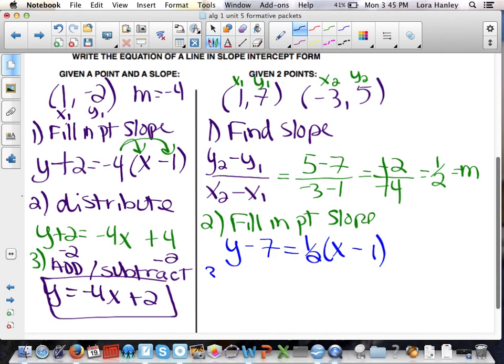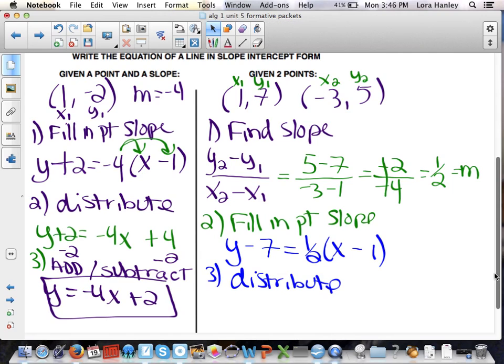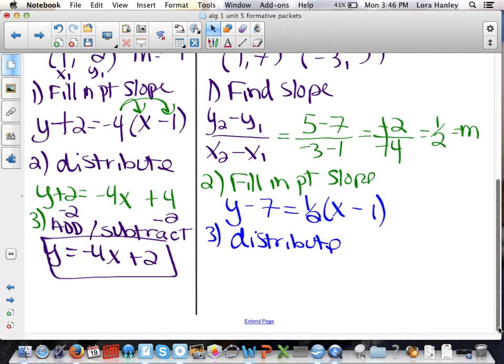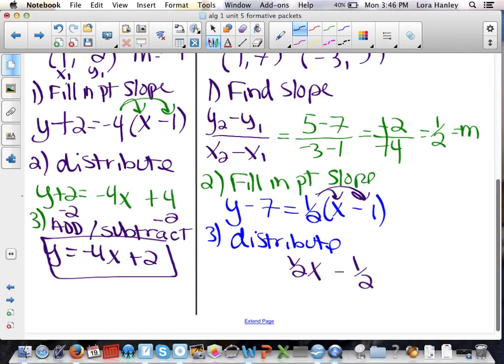Next, we're going to distribute. So to distribute, I'm going to multiply 1/2 by x and get 1/2 x, and 1/2 times -1 and get -1/2. Bring down the y minus 7.